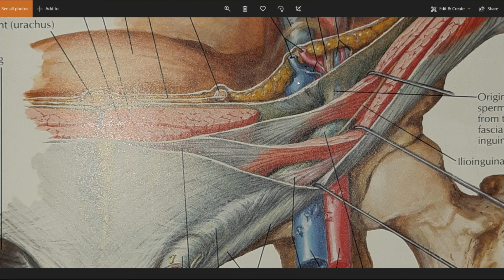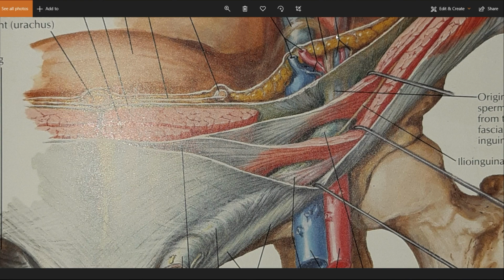Think about it. The spermatic cord arises from the posterior or deeper aspects, moving anteriorly and superficially. So, on its way, the coverings that it takes will be from the structures that it passes through.